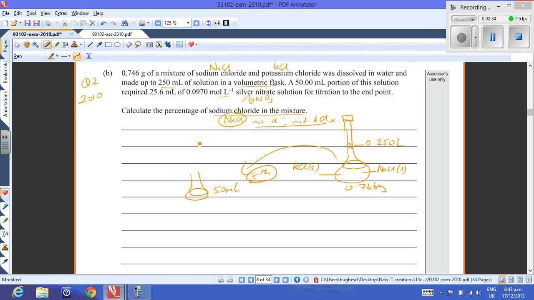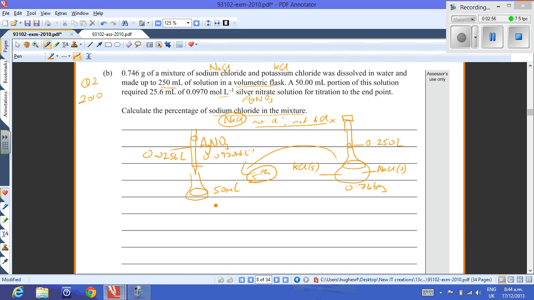And then we titrate that with a particular concentration of silver nitrate, AgNO3, which has a concentration of 0.0970 moles per liter, and it takes 0.0256 liters or 25.6 mLs of titrant.